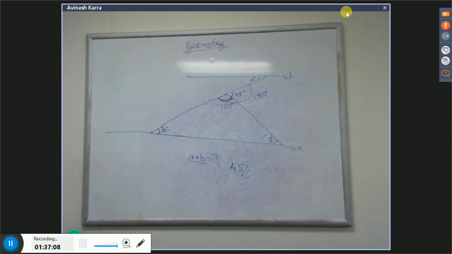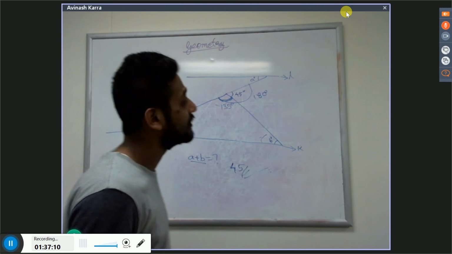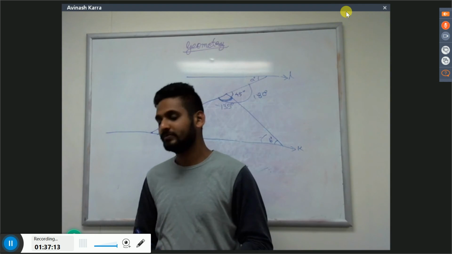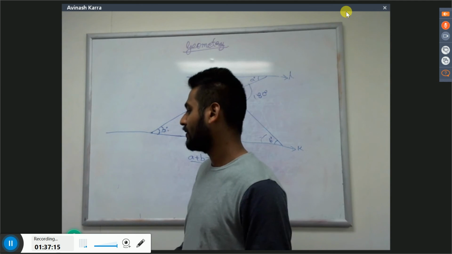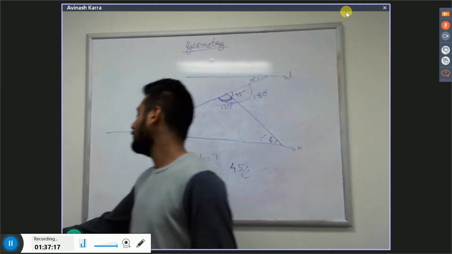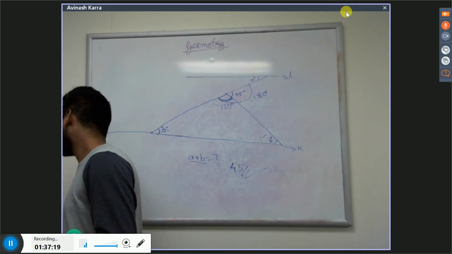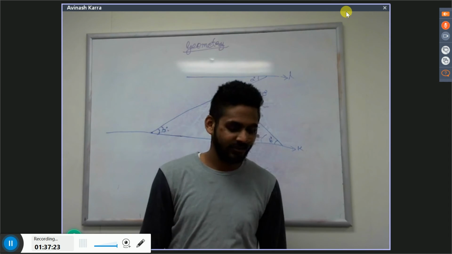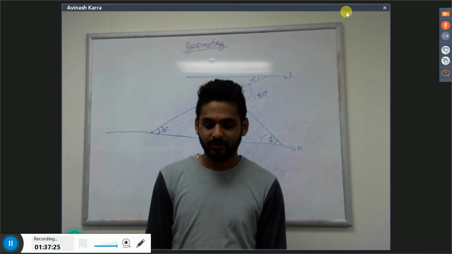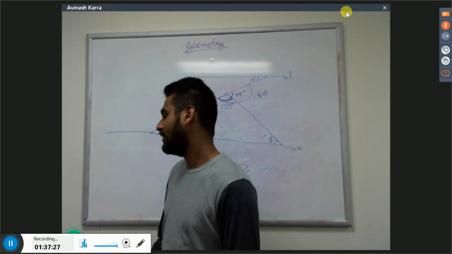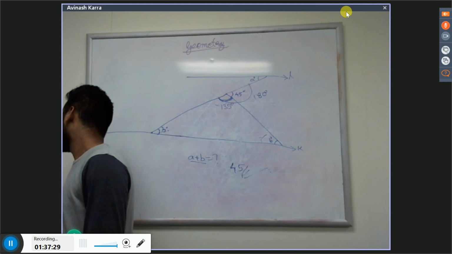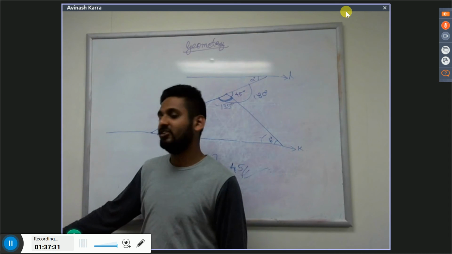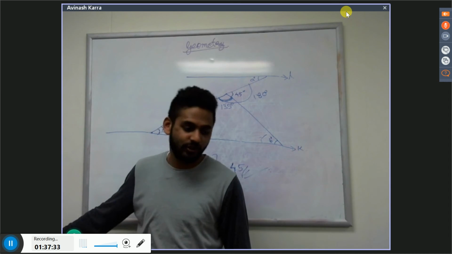Okay. Any more doubts? No. So the homework is. Are you doing the homework? No, be honest. Yes. Okay, I trust you. Homework is the exercise problems next to the chapter.